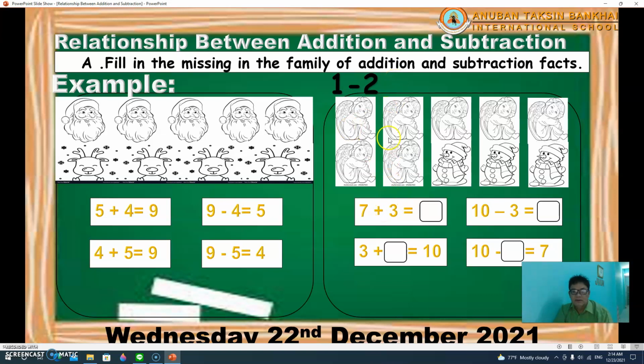Here we have angels and a snowman. 7 plus 3 equals blank. 1, 2, 3, 4, 5, 6, 7, 8, 9, 10. 7 plus 3 equals 10, or 3 plus 7 equals 10. 10 minus 3 equals blank. 10 minus blank equals 7. Okay, next.